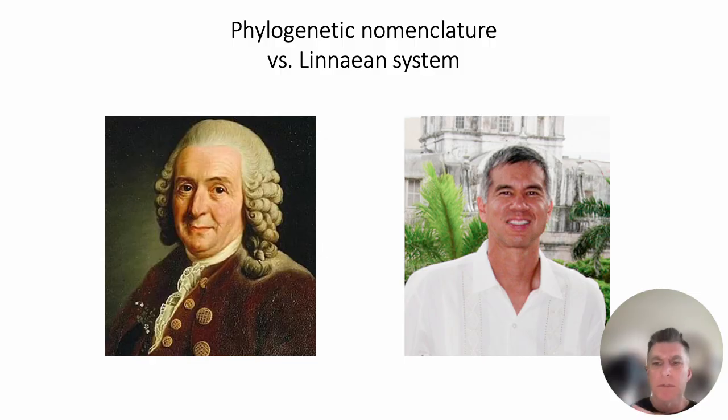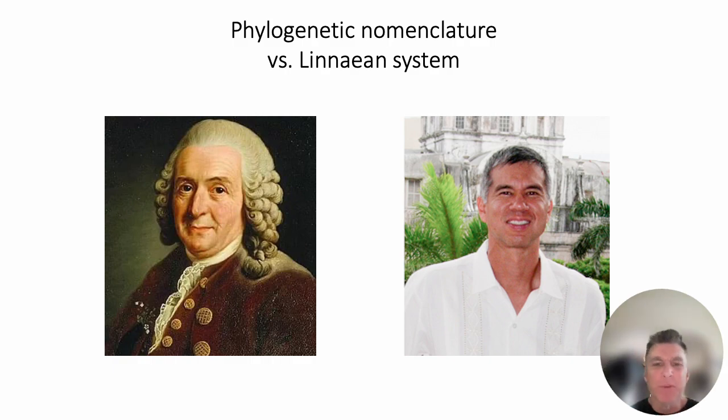finish up this section by contrasting the Linnaean system. That's Carolus Linnaeus on the left, and phylogenetic nomenclature represented by Kevin de Queiroz on the right. I'll warn you that my treatment of this is going to be very much an originalist treatment of the Linnaean system.